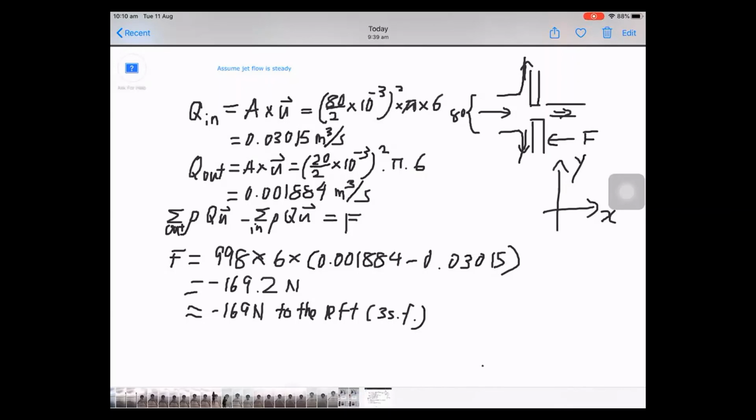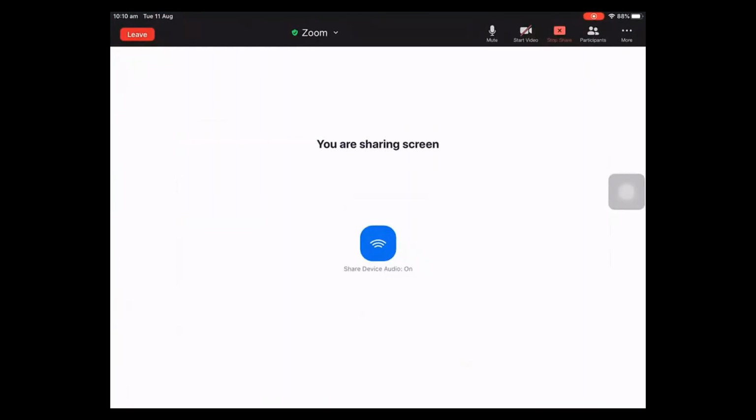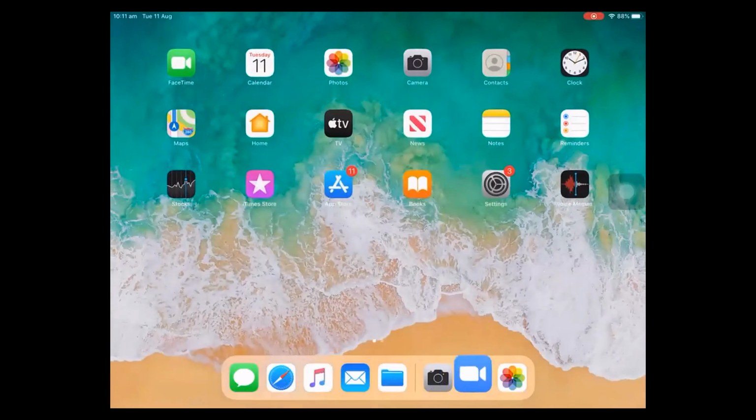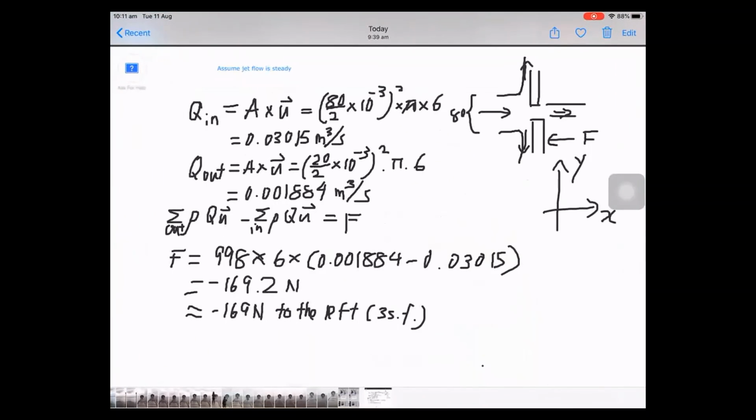Okay, thank you, Shuhao. Great job. And can you tell the others why you didn't include the pressure force here? I think in the group, someone already stated it.